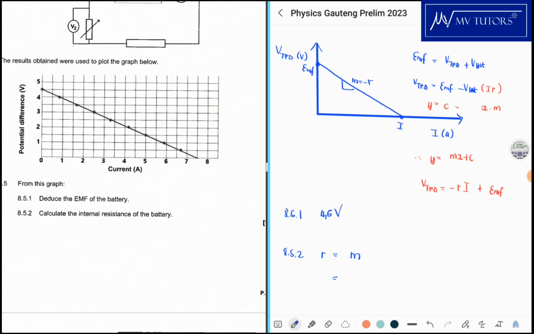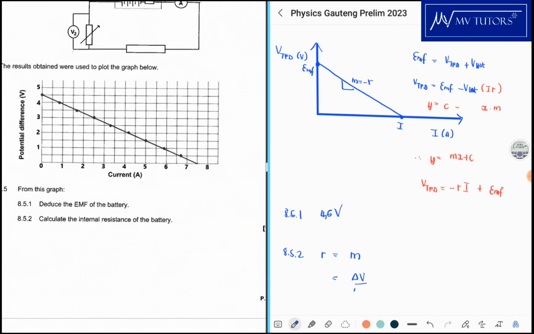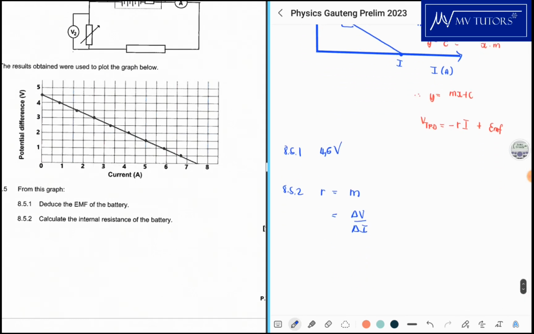And our gradient here, delta y, which would be delta V over delta x, which is basically delta I. Now let us choose two values that we can see.